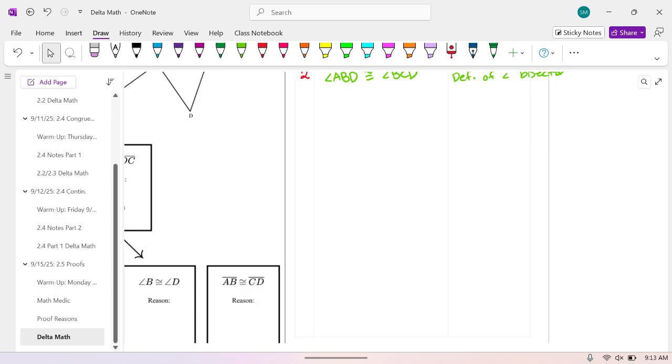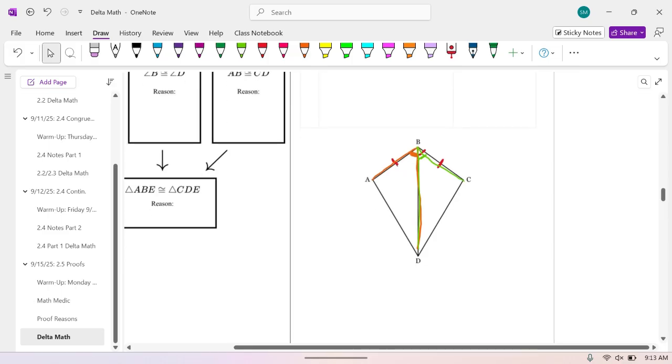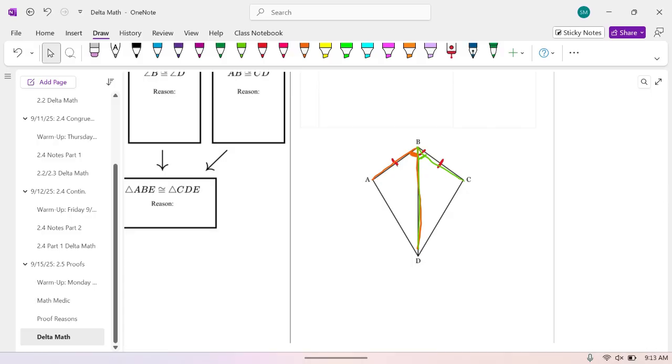All right, now we've dealt with all that we have with our givens, but we still don't have quite enough information that these two triangles are congruent. So based off of what we have so far, we have a set of congruent sides and a set of congruent angles.